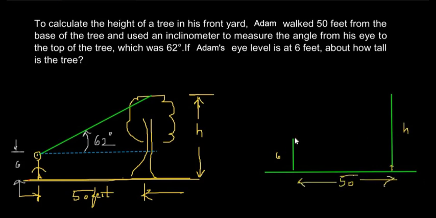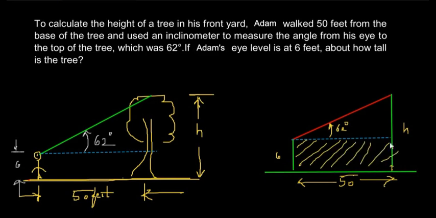Next, the angle of elevation. So we have to write the angle of elevation with respect to the line of sight. So let me draw it over here. And the angle of elevation made is 62 degrees as given in the question. Now, to solve this, we can see that this is a rectangle.